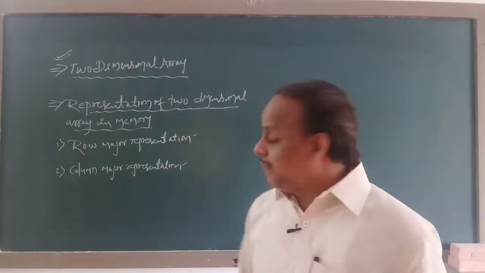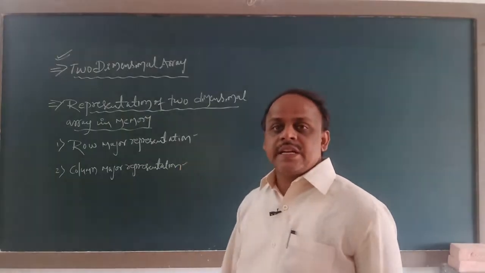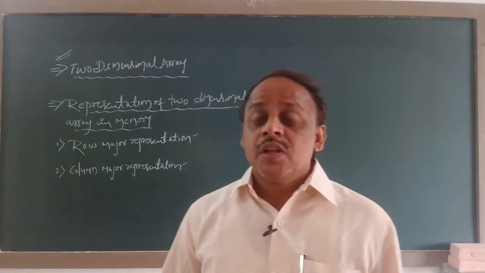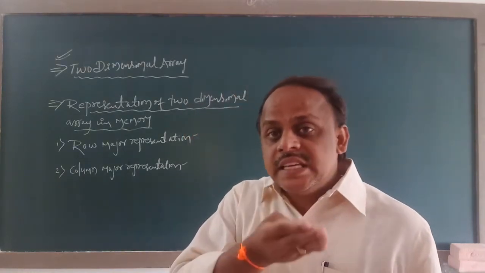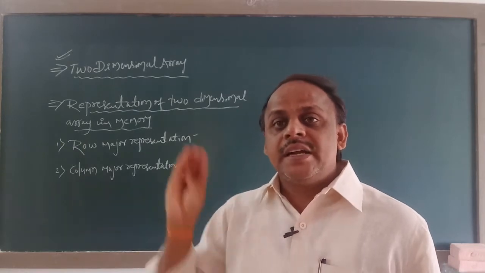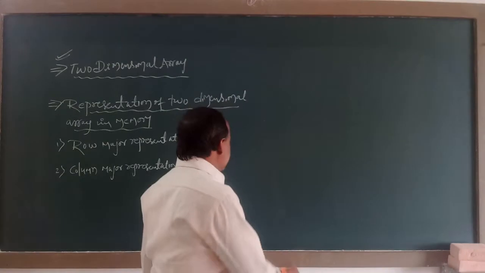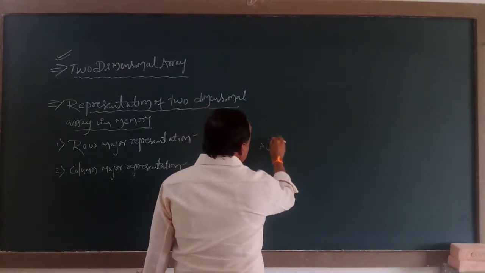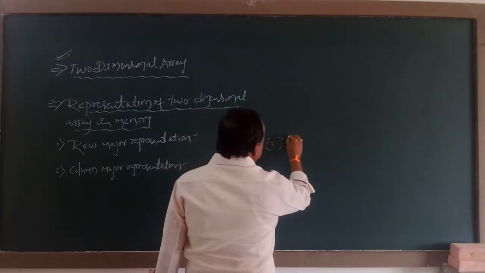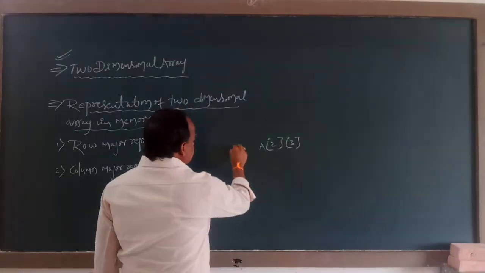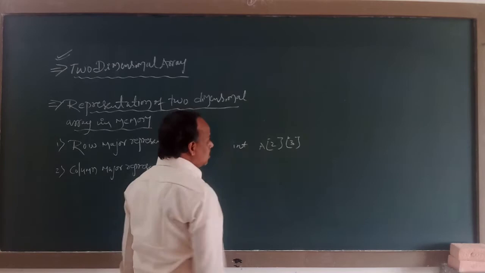Then what is meant by row major representation? Row major representation is nothing but storing array elements row-wise. For example, let us consider a two-dimensional array, that is int A[2][3].